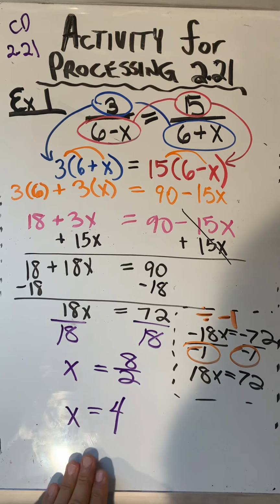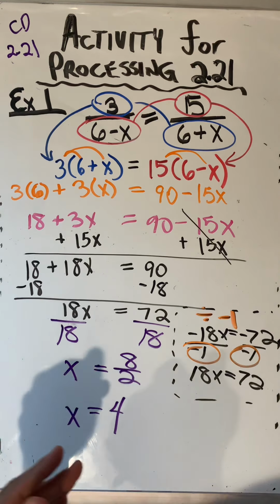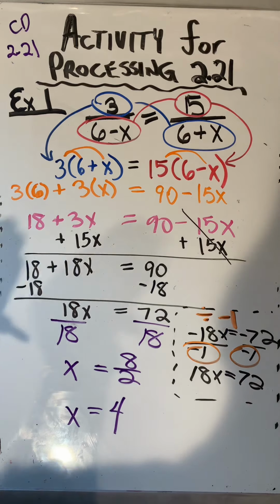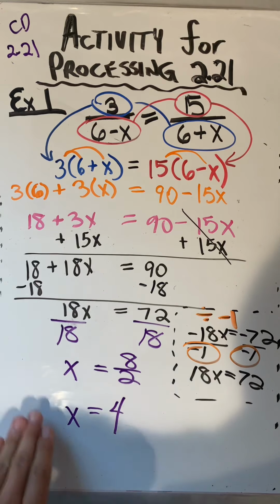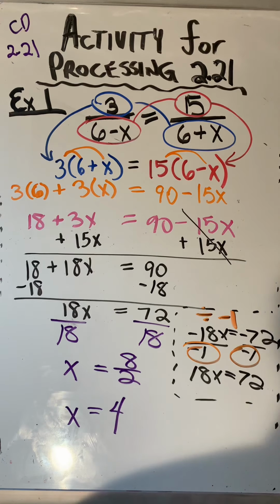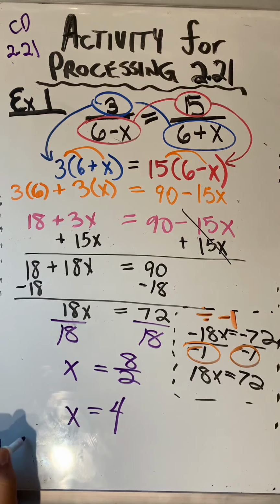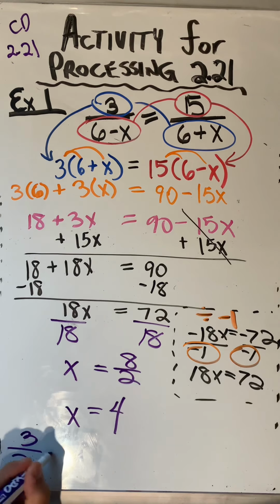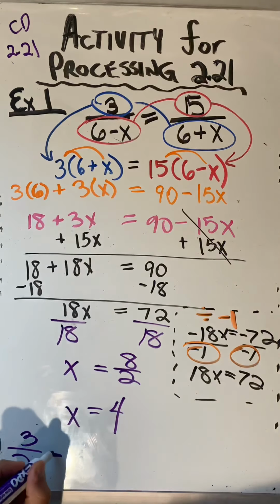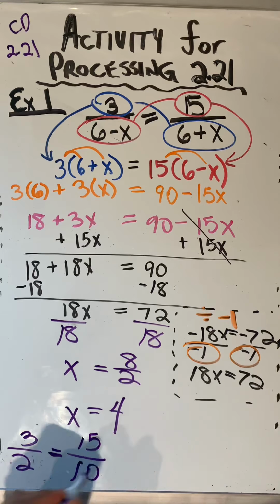Now, if you really wanted to check your solution of x, and I'm not going to do it in this video because I've done it before, and I'm more than glad to do it in class if you want, you could take the value of x and plug it into the equation and see if it works, right? So on the left, you have 3 over 6 minus 4, which will give you 3 over 2. And then on the right side, you'll have 15 over 6 plus 4, that's 10, right?